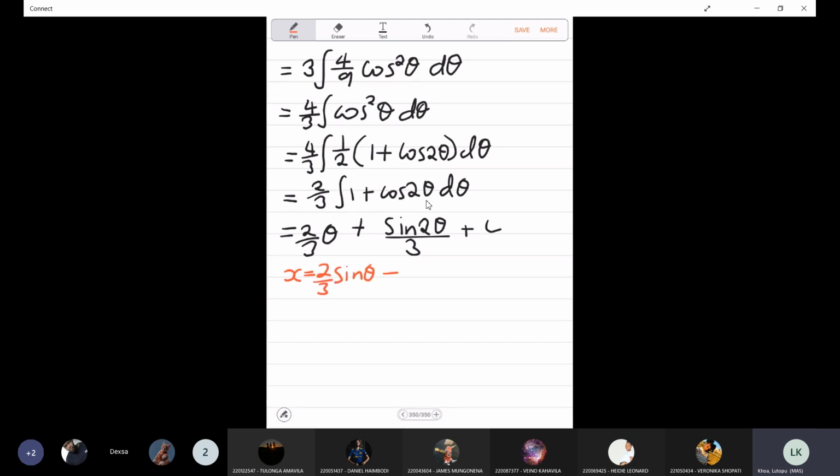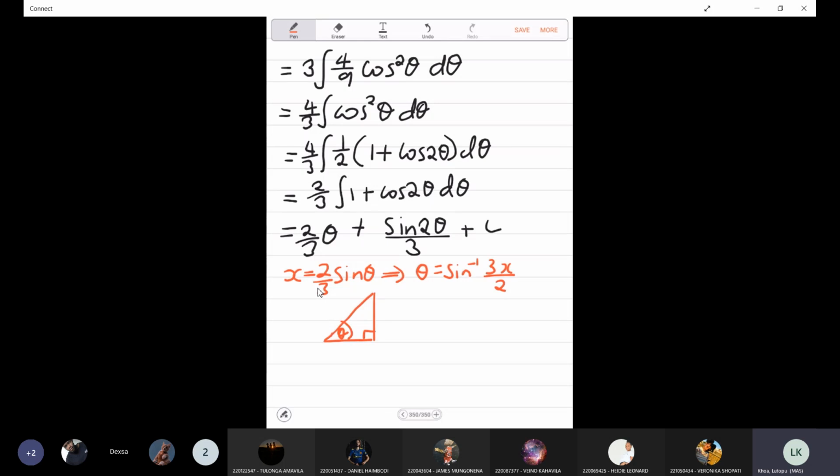So this would mean that theta is equal to sine inverse of 3x over 2, and then our triangle, if we put theta over here, sine theta is 3x over 2 or x over 2 over 3.